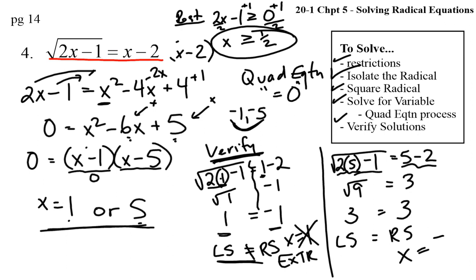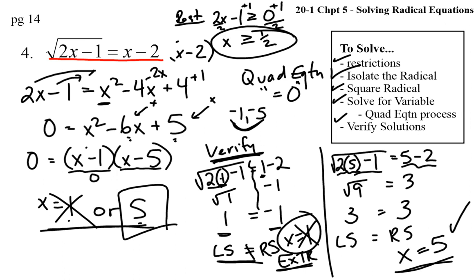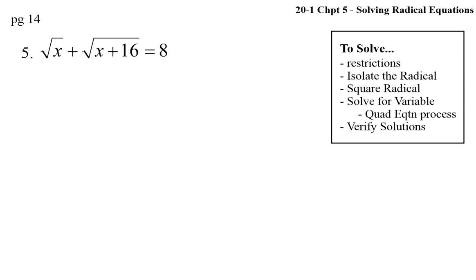That tells us that x equal to 5 is correct. x equal to 1, extraneous, isn't acceptable, but x does equal 5. Understanding extraneous solutions. From there, we go to question 5.